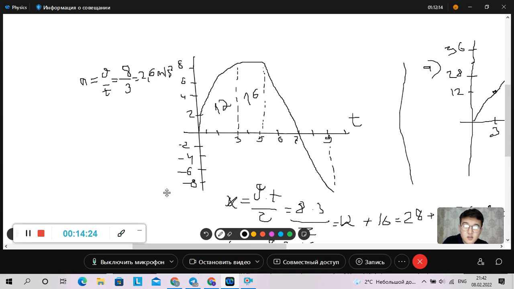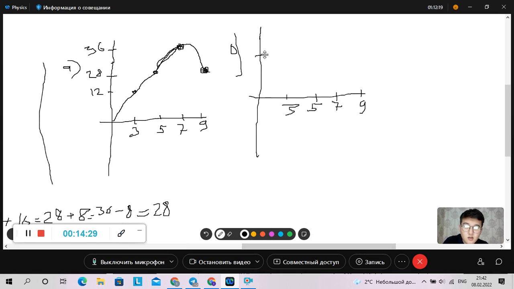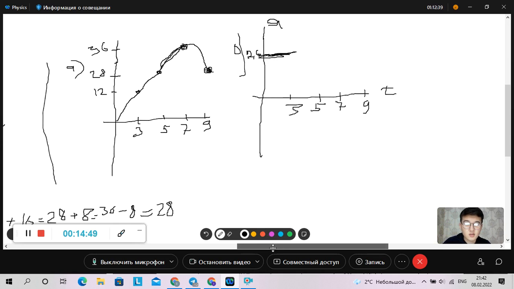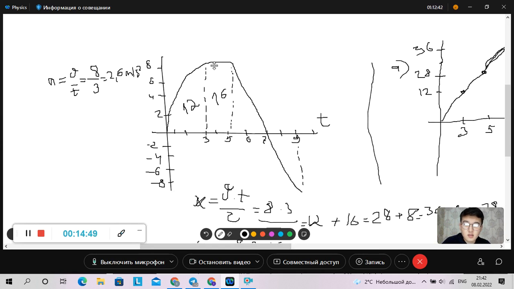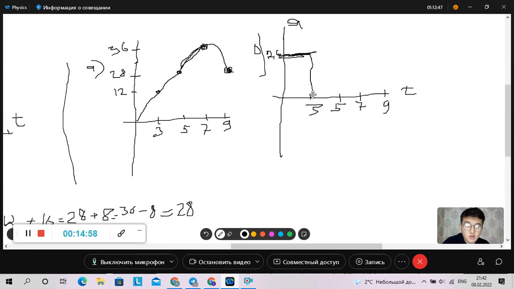This is the first acceleration. In the first part the acceleration is 2.6 meters per second squared, and the second part the acceleration is 0 because it moves with a straight line.